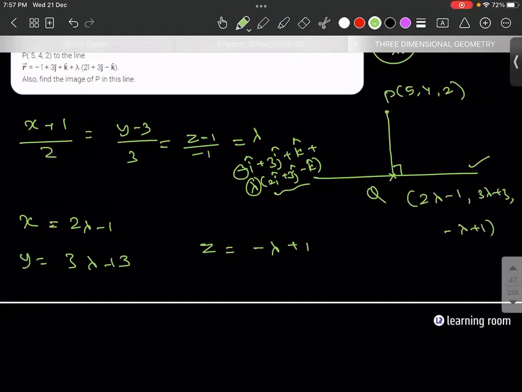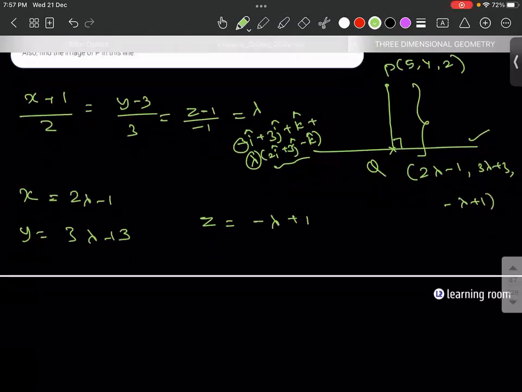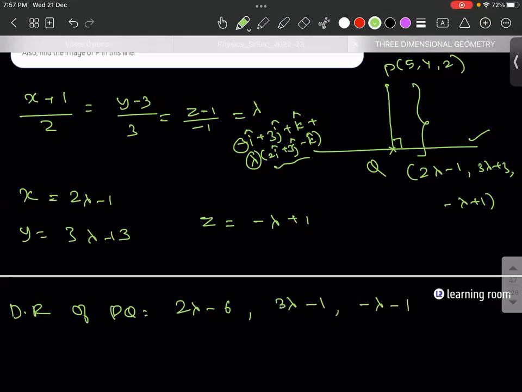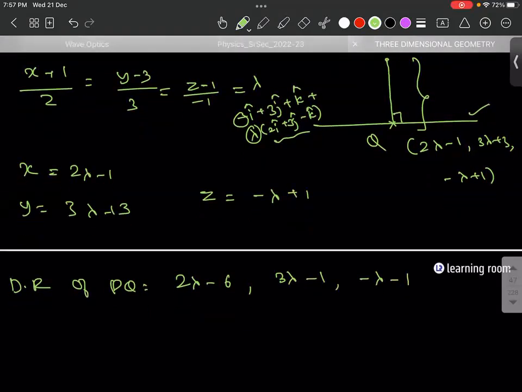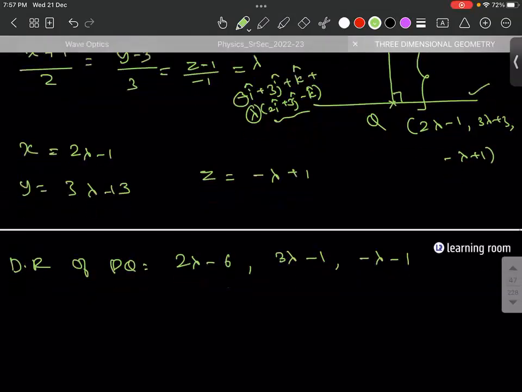Now, what will be the DR of this line? So DR of PQ is how much? 2 lambda minus 6, 3 lambda minus 1, minus lambda minus 1. Right? So these are the DRs of PQ.